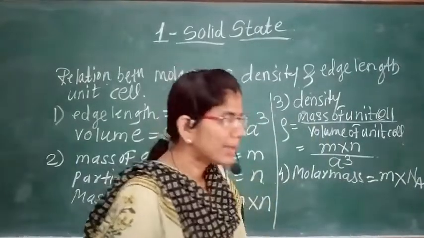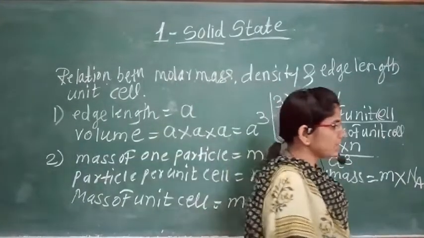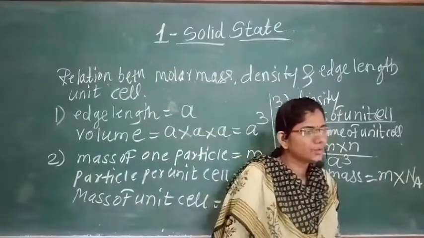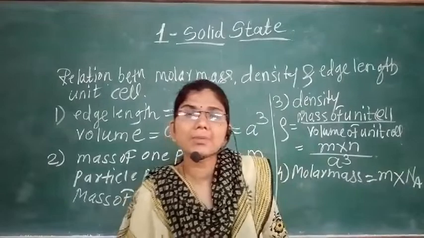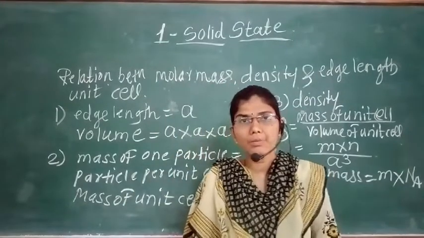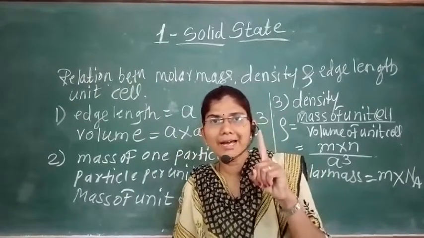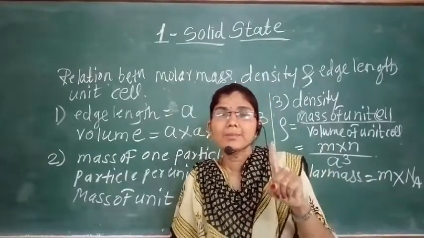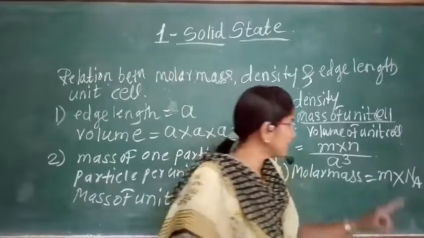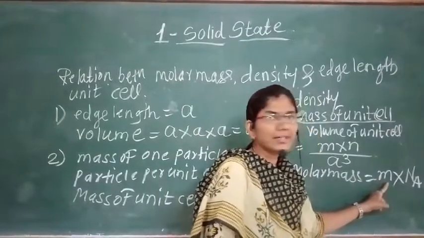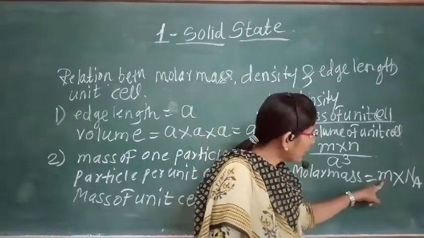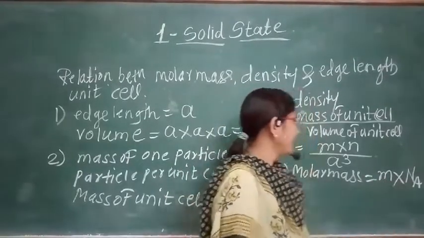Therefore, the molar mass of a substance is given by the mass of one particle into the number of particles per mole. Per mole means 1 mole, having Avogadro's number of particles, and the mass of one particle is m. Therefore, the molar mass of a substance is equal to small m into Na.